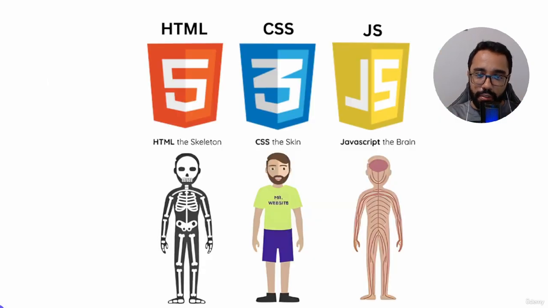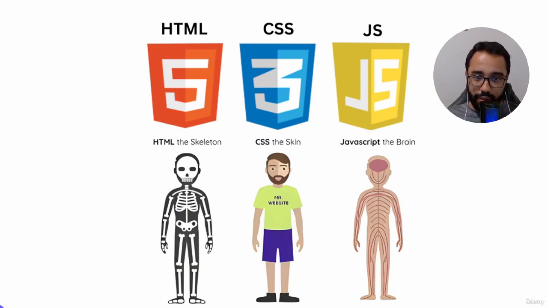I picked this image here just for you to understand how this entity from the web works. We have the HTML. The HTML is the skeleton. We have CSS. CSS is the skin. And we have JavaScript. JavaScript is the brain, the nerves, the veins, and everything else, right? HTML is just the skeleton. Nobody will survive with only the skeleton, right?